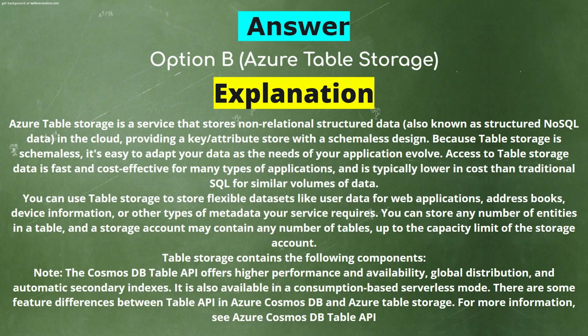Note: the Cosmos DB Table API offers higher performance and availability, global distribution, and automatic secondary indexes. It is also available in a consumption-based serverless mode. There are some feature differences between Table API in Azure Cosmos DB and Azure Table Storage. For more information, see Azure Cosmos DB Table API.